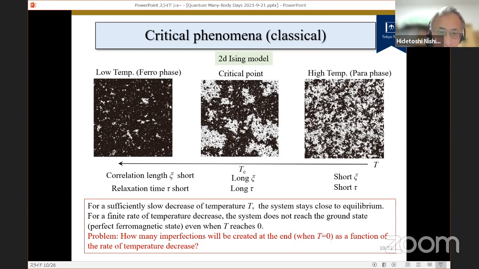But if we drive the temperature relatively quickly, then the system cannot stay in the instantaneous equilibrium state. So even if we set the temperature finally to 0, if we drive the temperature at a finite rate, then the system will not be in the perfectly ferromagnetic state.